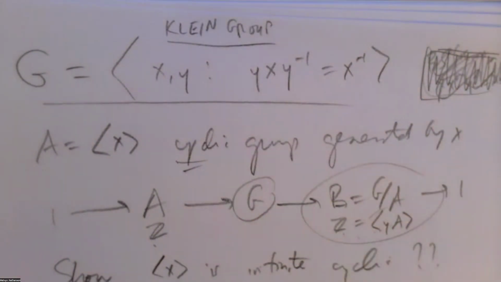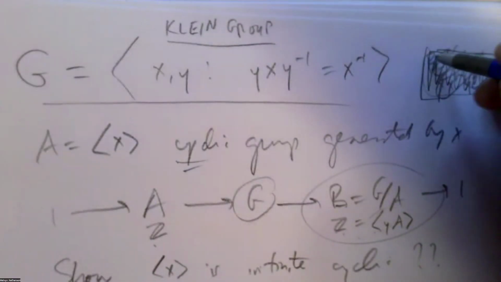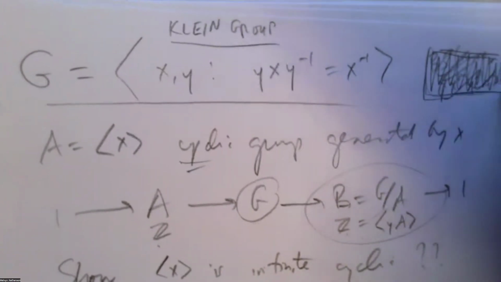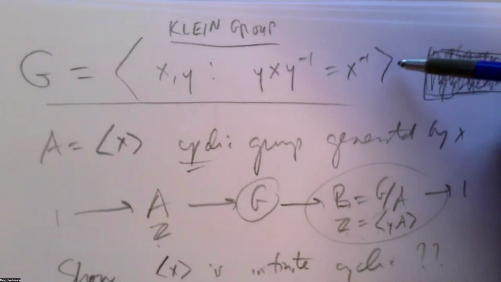Yeah, it's all over the classical literature. The dihedral group would be the same thing, but you add that y is of order 2. It's a symmetry, a flip on a regular n-gon. Yeah. But there has to be some simple reason why this is a torsion-free group.